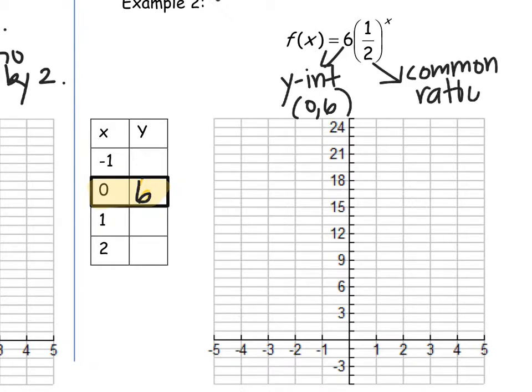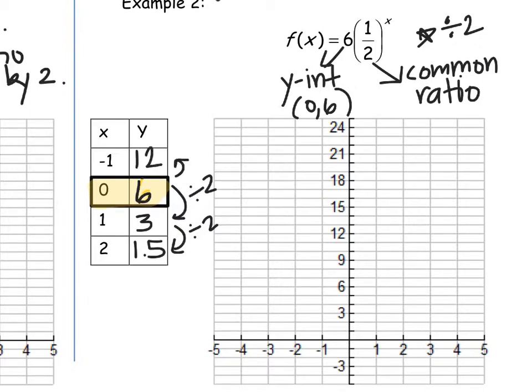And a common ratio of 1/2 really means that my pattern is divide by 2. We know that a fraction means that our numbers are getting smaller. So when I work down my table, I'm going to divide by 2. 6 divided by 2 is 3. 3 divided by 2 is 1.5. And if I worked backwards, this number would get bigger. I would get 12.